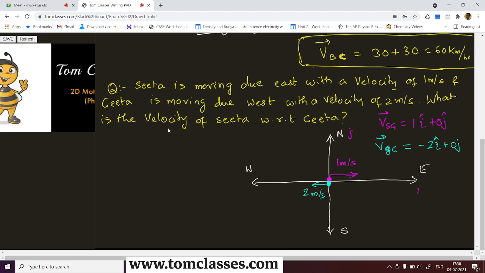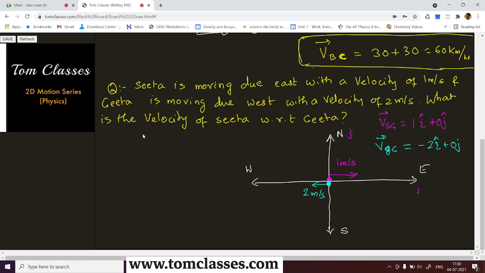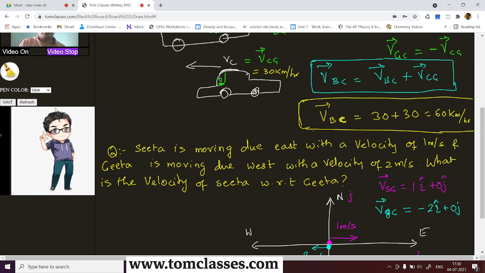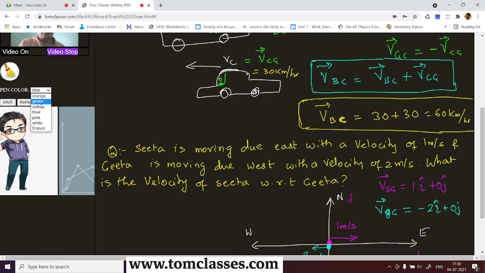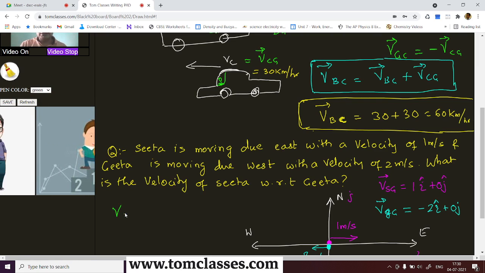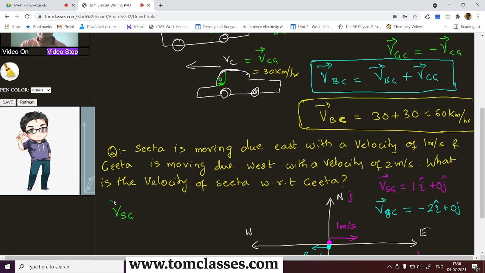He is asking what is the velocity of theta with respect to Gita, or you can say he is asking the relative velocity, right? So the relative velocity is the velocity of theta with respect to Gita.